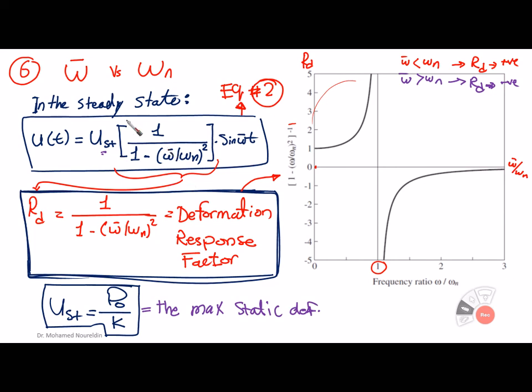This factor comprises the relation between u of t, the dynamic response, and the maximum static response. So sometimes it is positive, other times it is negative. Whenever it is positive, we are in the in phase condition. Whenever it is negative, we are in the out of phase condition.